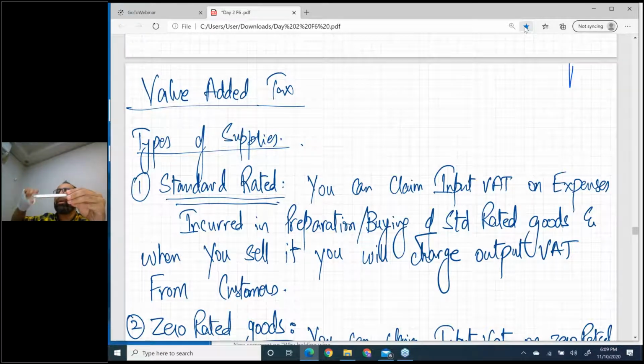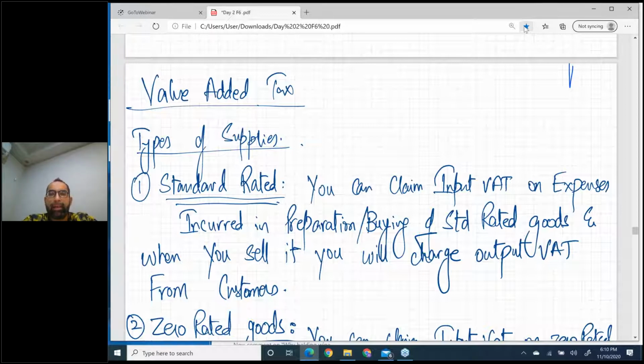If you buy inventory or incur expenses in making it and you pay VAT, you can claim that input VAT. But when you sell it to the customer, you will also charge normal 20% output VAT. Read the lines I have written.